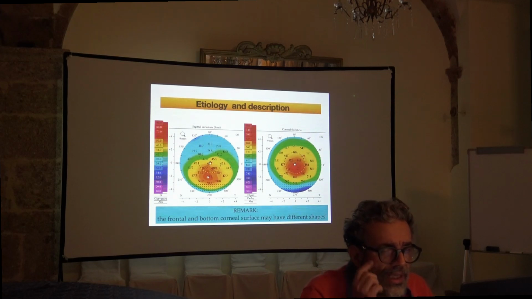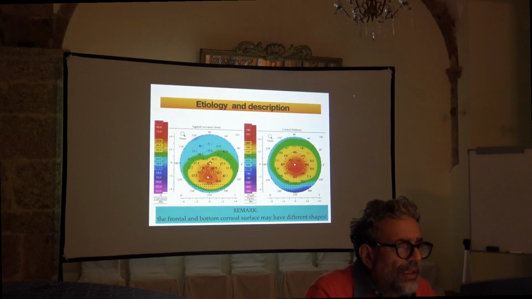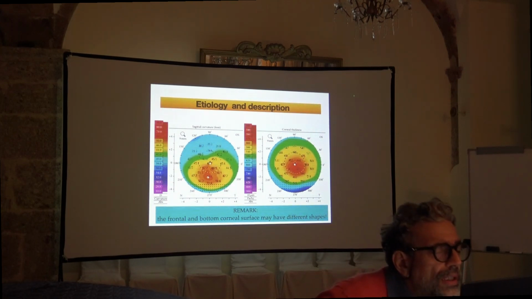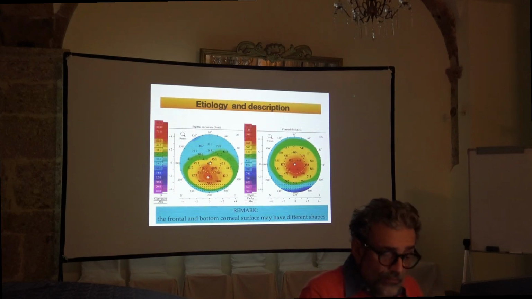So if you look at the right, you see the corneal thickness, and if you look on the left, you see the sagittal curvature. Okay?